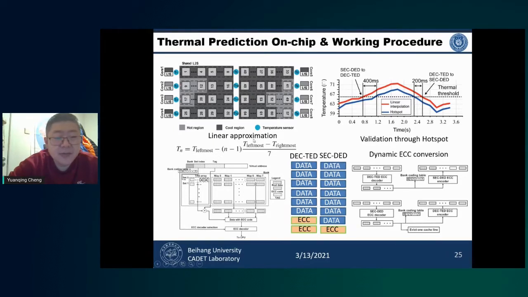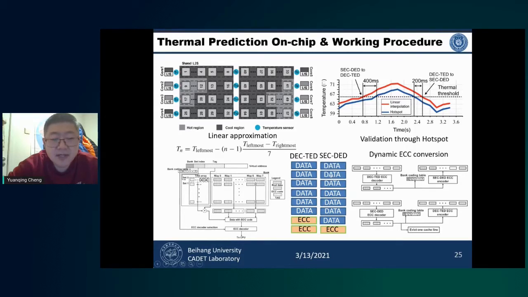By evaluating the temperature distribution on chip, we can assign different ECC codes to different cache banks. For example, we can assign the cool region cache banks the SEC-DED error correction code. It means it has single error correction and double error detection ability.